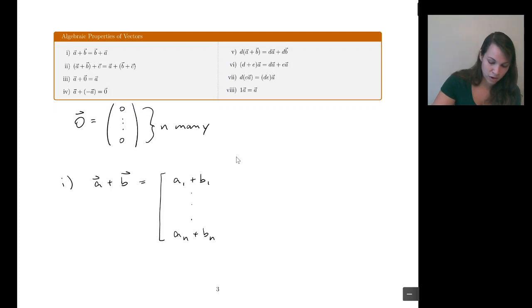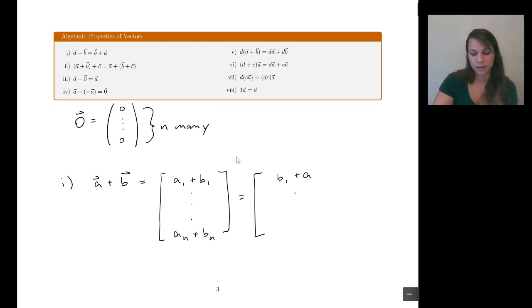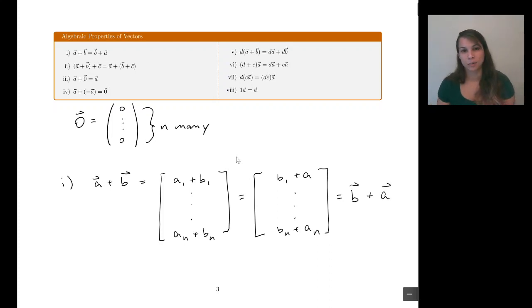And then we know that 3 plus 4 is the same thing as 4 plus 3. And so we're allowed to switch b1 and a1. In fact, we can switch it for each of these entries. And then we can undo the vector addition, split it back apart, and now the vectors will be backwards.